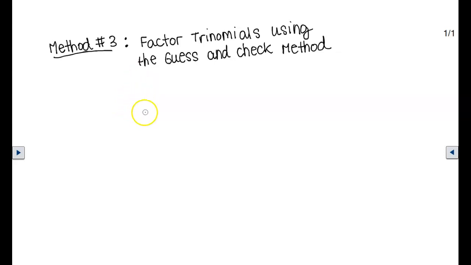Now, the trinomials that you are going to factor for the next little bit are all going to fit kind of the same form. They're going to have a square term, which I'm going to write as ax squared because there could be a coefficient there, plus bx plus c. So you're going to have an x squared term that could have a coefficient, an x term that could have a coefficient, and then a constant term that doesn't have the variable at all.